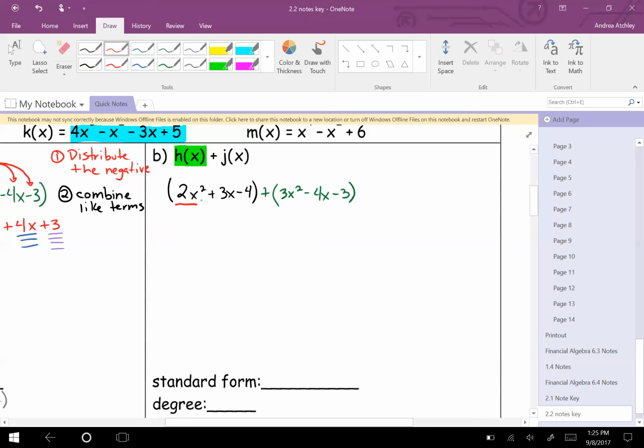So we have the 2x squared and the 3x squared. They're the same sign, so I'm going to add. 2 and 3 is 5x squared. Then I have the 3 and the negative 4. They're opposite signs, so I'm going to subtract and get negative 1x, or just negative x.